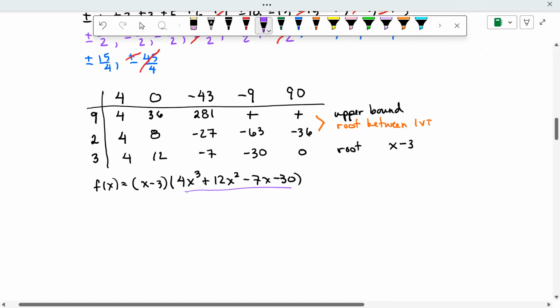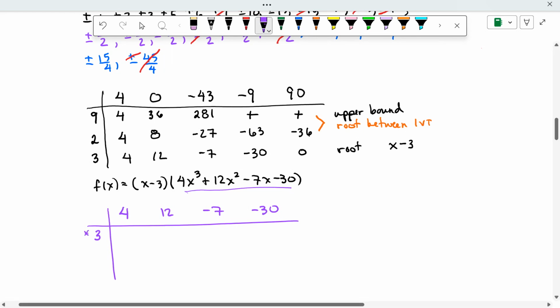Now I'm looking for factors of that cubic. So now I start with 4, 12, -7, and -30, and I'm going to do synthetic division here. And I need to test 3. I need to check in case of multiplicity.